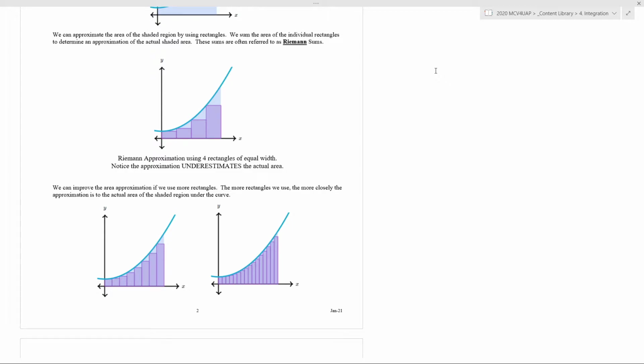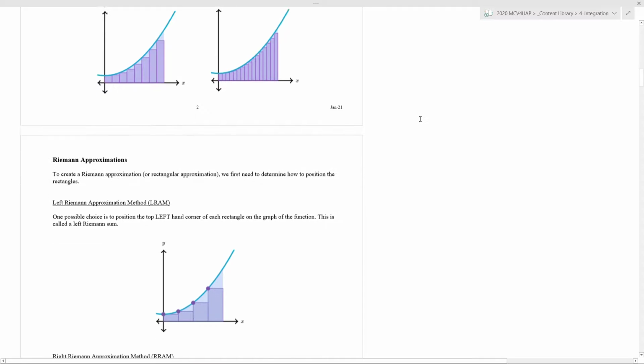So the more rectangles we use to approximate the area, the better the approximation is going to be, and our approximation will be closer to the actual area under the curve.